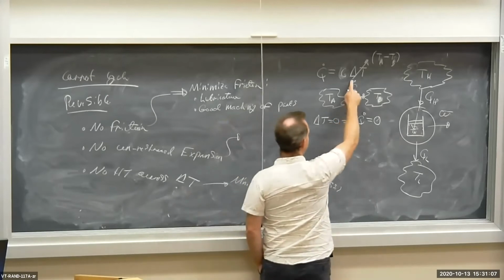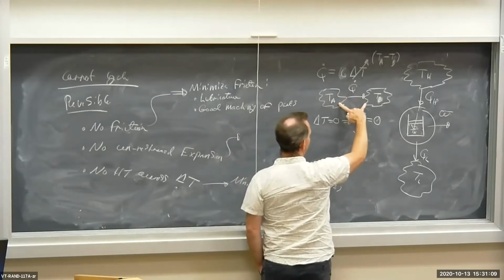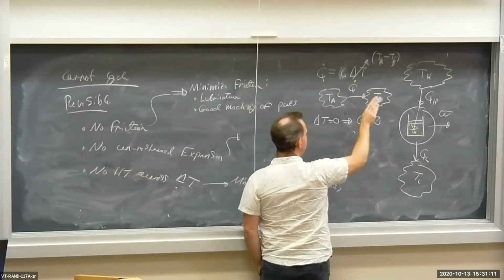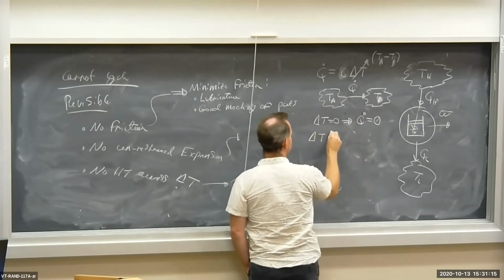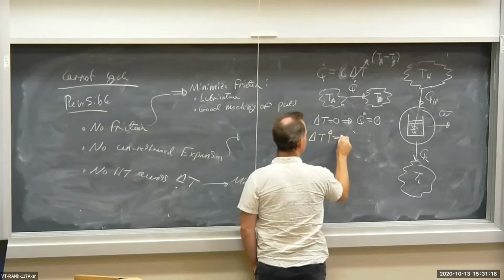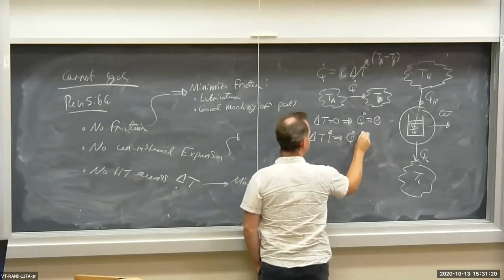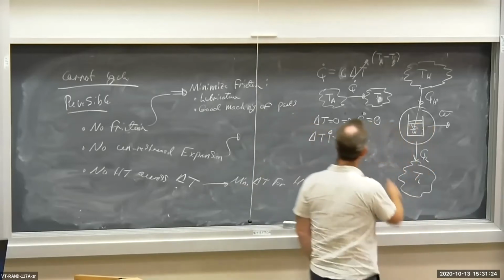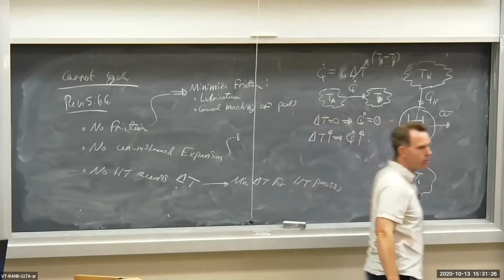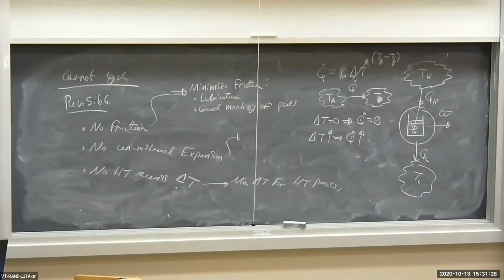As delta T goes up, so this becomes much hotter than this is cool, heat transfer increases. So as the temperature difference, delta T, goes up, the rate of heat transfer goes up. So heat transfer is proportional to the temperature difference between systems. That's typically how it works in real life. Q dot is proportional to a temperature difference between systems.